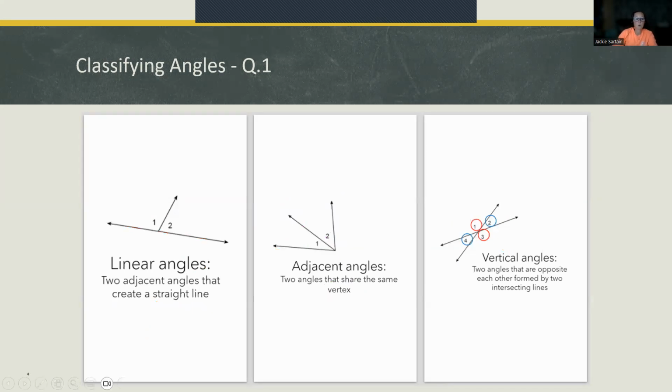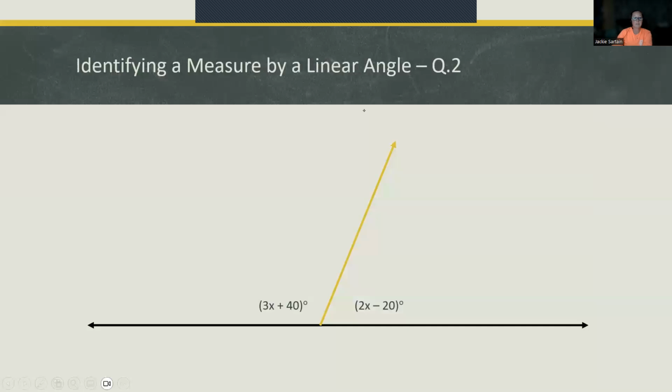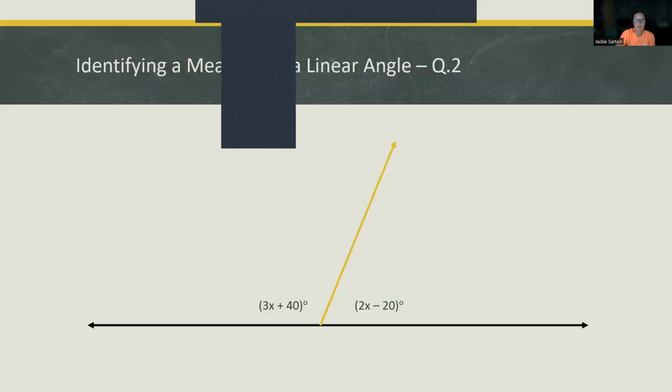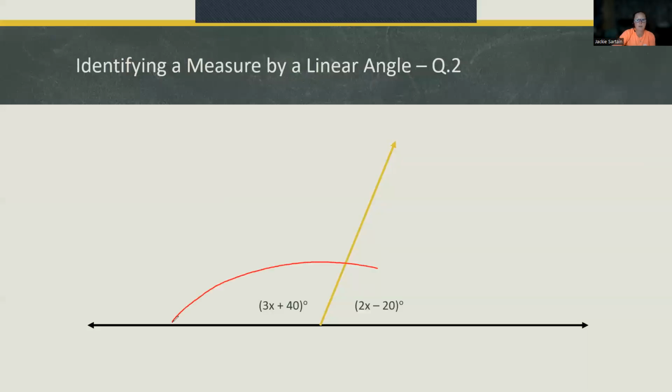Now, as we continue on in this test, in question 2, you're going to be given a linear angle and told to find the value of that variable. Remember that for a linear angle, this entire measurement altogether equals 180 degrees.